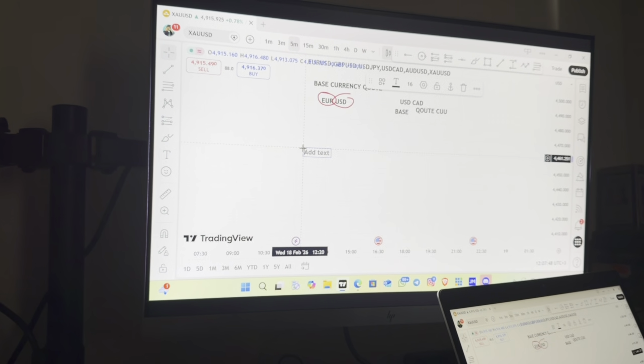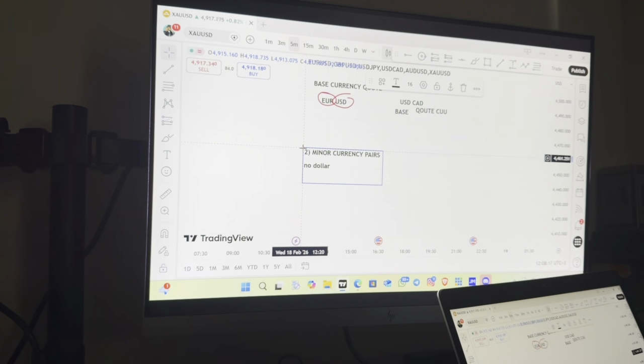We can go to number two, types of pairs in the Forex market. Number two, minor currency pairs. A minor currency pair is just the opposite of a major currency pair. By definition, we don't have the dollar. If you see any pair with no dollar in its name, it's a minor currency pair.